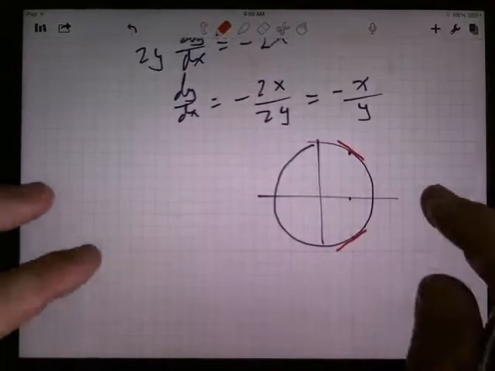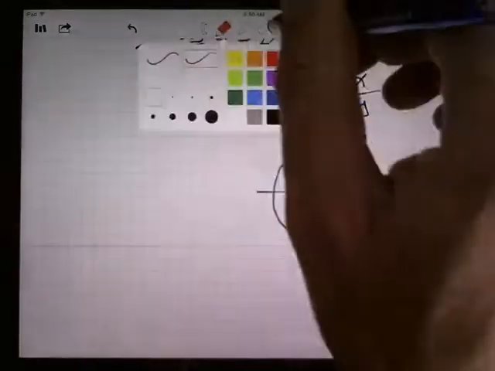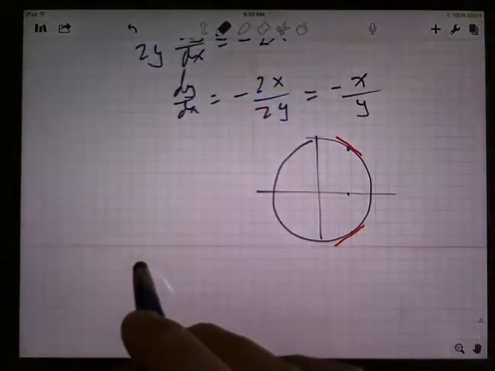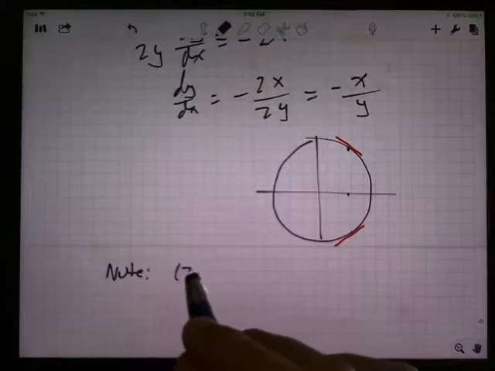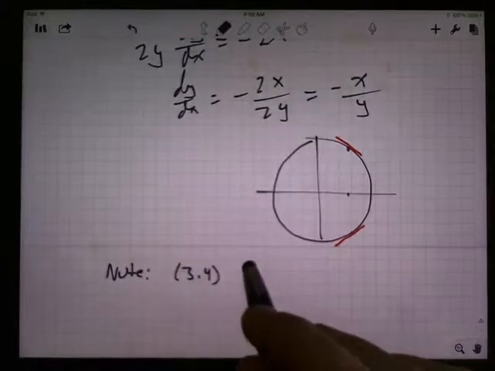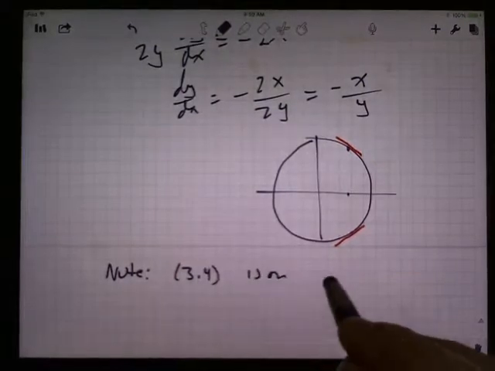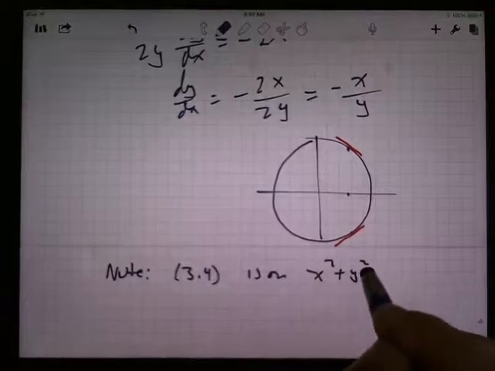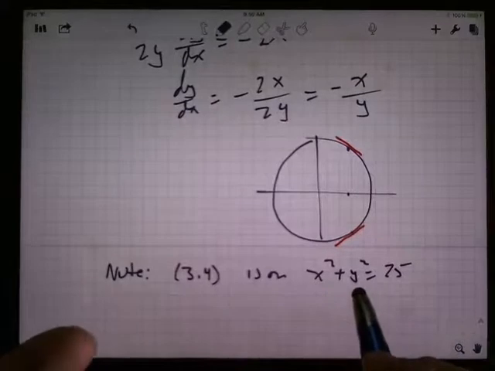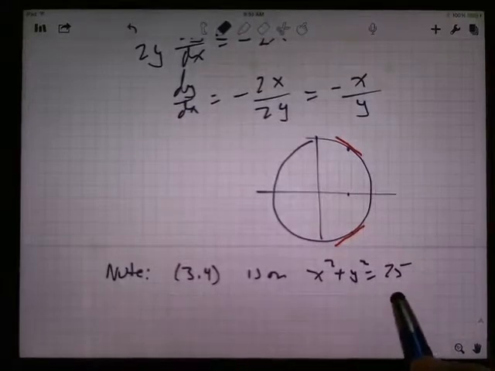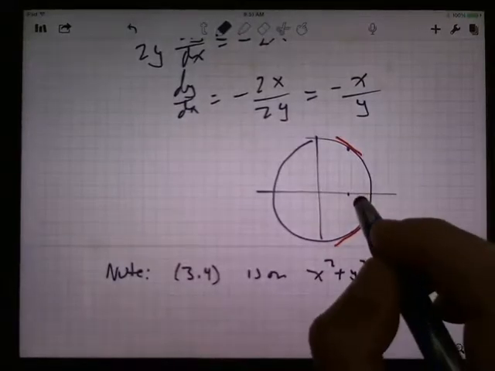For instance, in this case, notice that the point (3, 4) is on the circle x squared plus y squared equals 25. Because if I take 3 and square it, that's 9. If I take 4 and square it, that's 16. And I add them up, you get 25. So the point (3, 4) is on that.